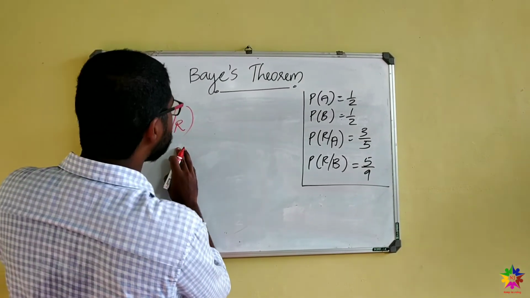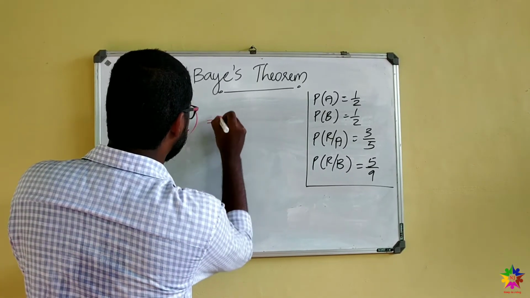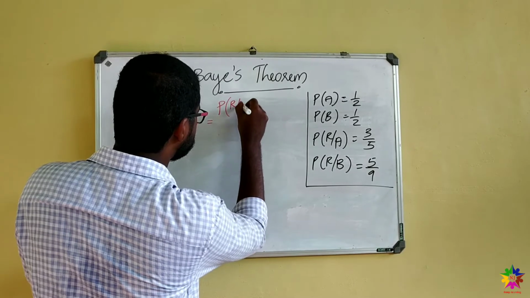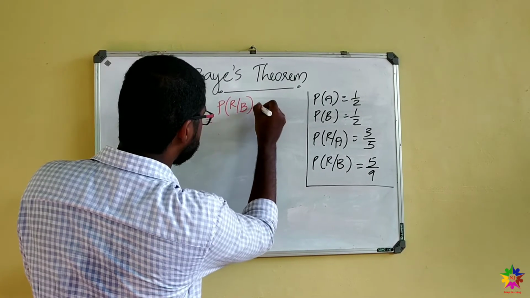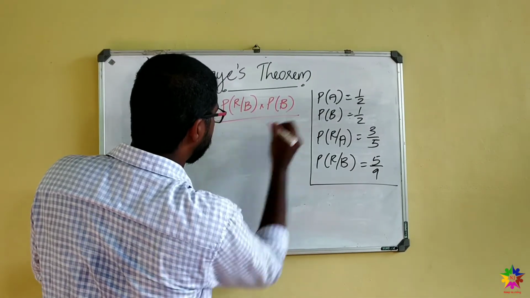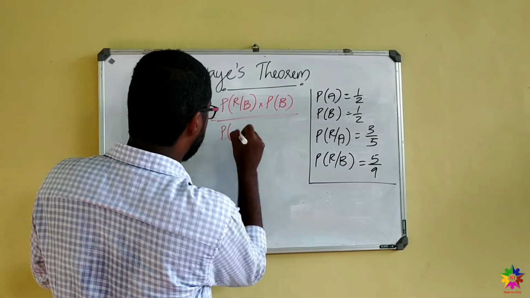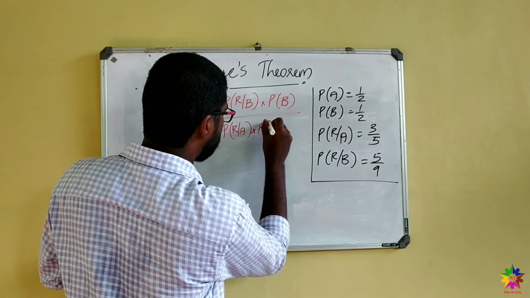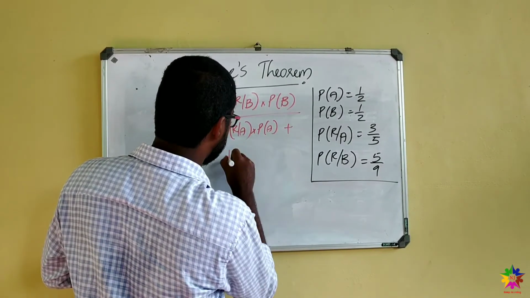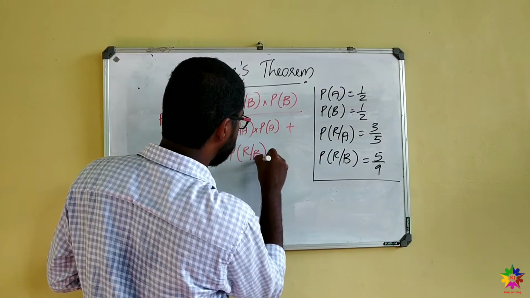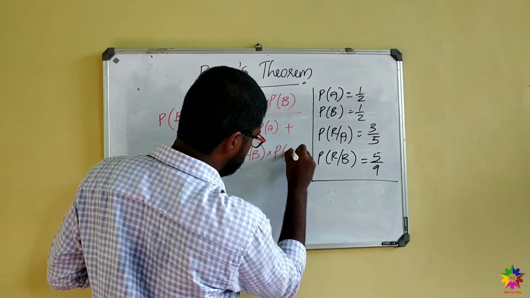By the definition of Bayes' theorem, it is probability of R given B, that is red ball given it is from box B, into probability of box B, divided by probability of red ball given from box A into probability of A, plus probability of red ball from box B into probability of B.